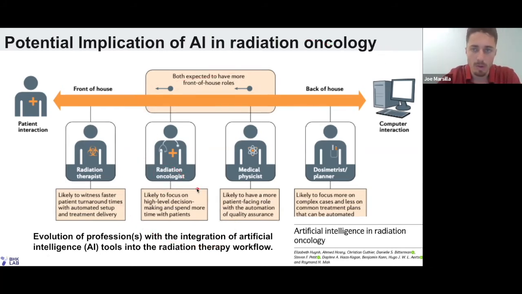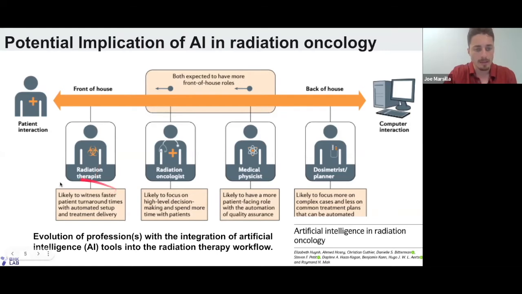The whole benefit of auto segmentation is that it automates really tedious parts of the pipeline, and it can be applied, as Dr. McNiven said, to automate and create different contours that will affect the jobs at every single level of this process. What that really means in a general sense is that a lot of these experts will have more patient-focused roles and will be able to interact with the patient more frequently.